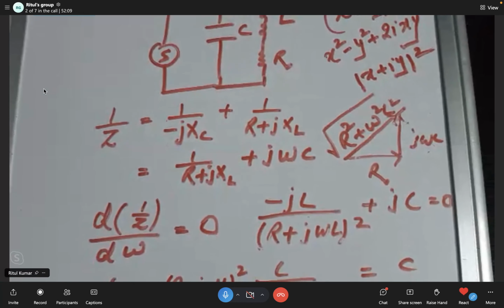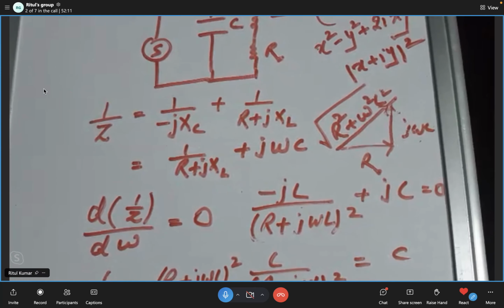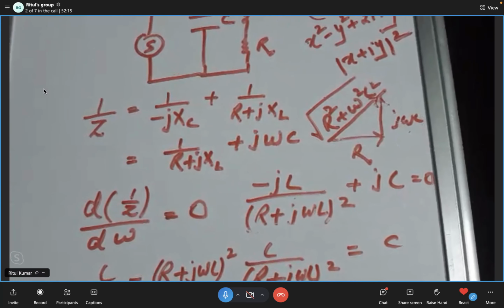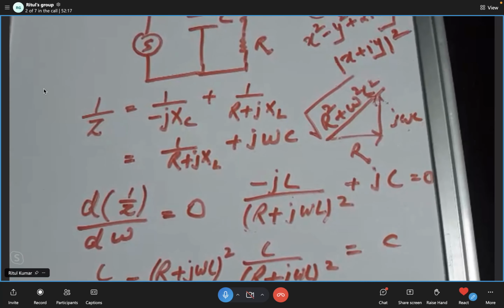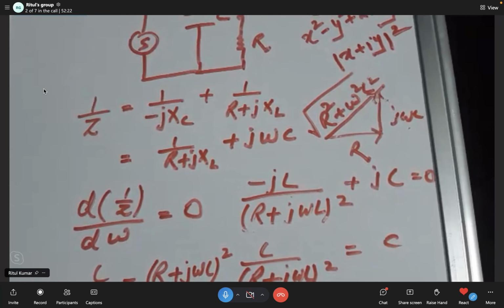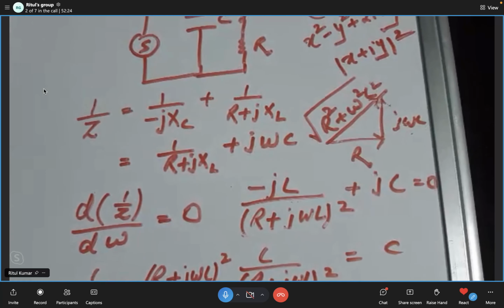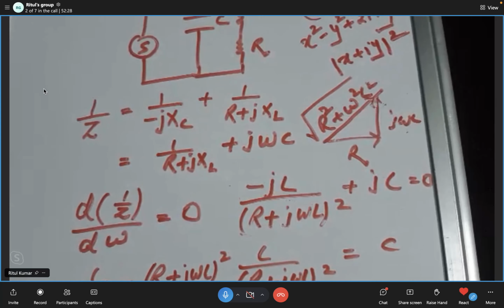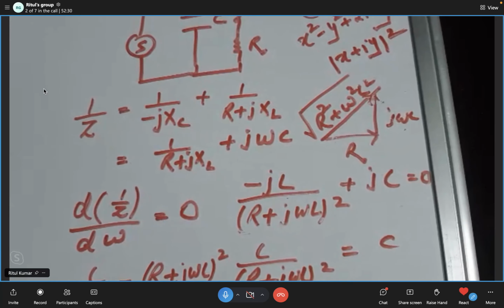We know that, isn't it? Once we are convinced with what will be omega resonance, then we can find the effective value of current fed at the time of resonance, right? Yes. What will it be? The effective value.